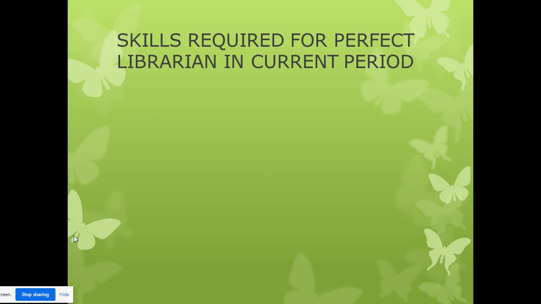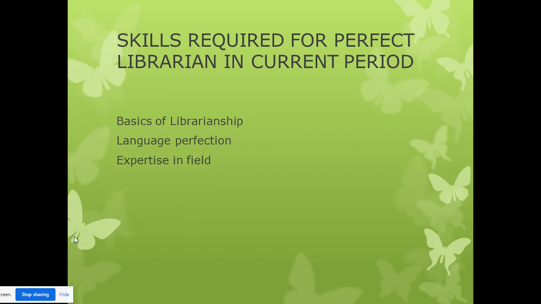So let's see which are the skills. Number one, basics of librarianship. He or she should know the basics of librarianship. Language perfection. If you are in your own country, then it is easy. But if you are working in another country, then you should know their language also. But in your own country, you will use your mother tongue.